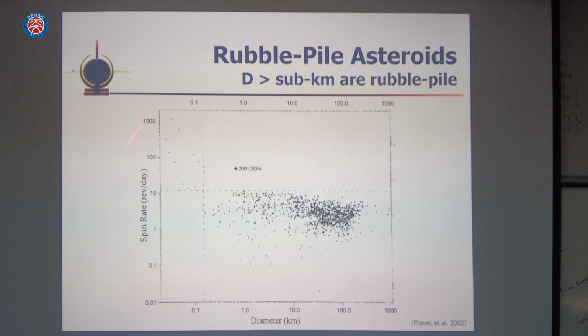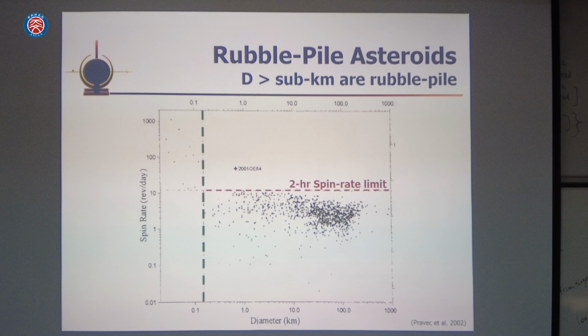The smaller ones can rotate very fast, even on the minute scale. But for this group, it seems all of them are just below 2 hours. So he decided to draw a line here and separate them into rubble-piles and monoliths.